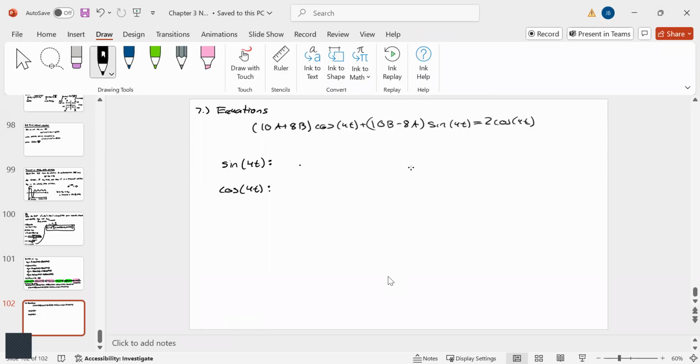And so for sine, right, plus 0 sine of 4t, we get, actually we should do cosine first, makes sense to do in that order. 10a plus 8b is equal to 2, and then 10b minus 8a is equal to 0.